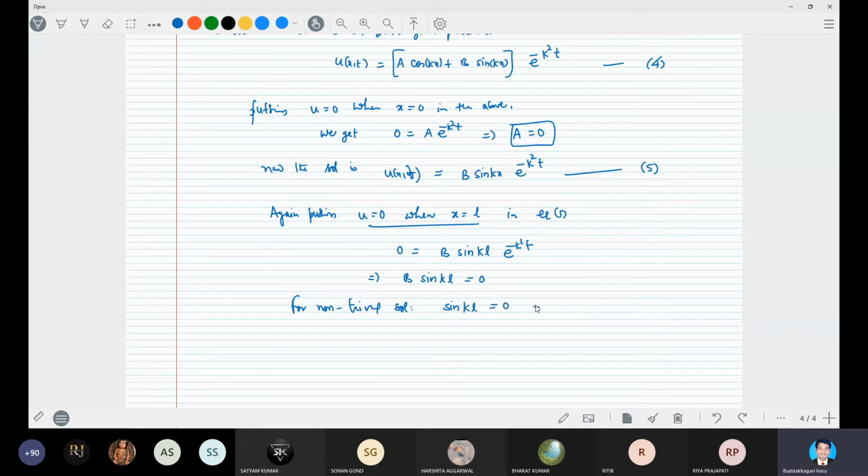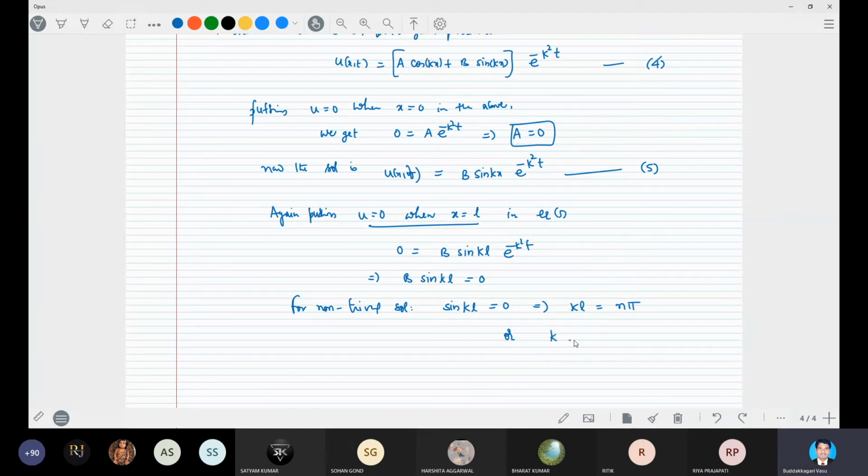That implies, what is kL? kL is equal to n pi. L is the length of the boundary, x is equal to 0 to x is equal to L. But k is the unknown constant.